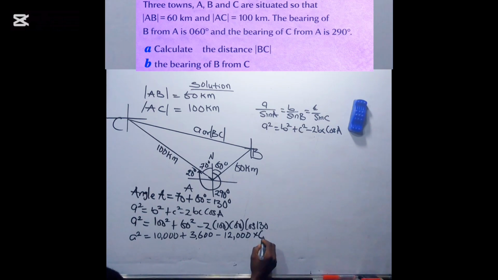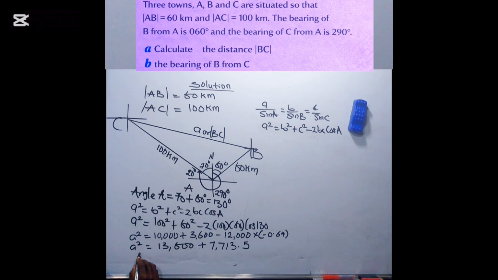that's negative 0.64. So a squared will be 10,000 plus 3,600, that's 13,600, minus 12,000 times minus 0.64 will become plus 7,713.5.